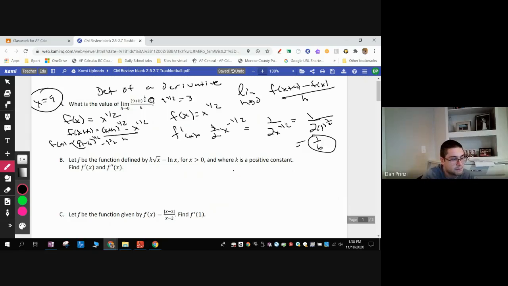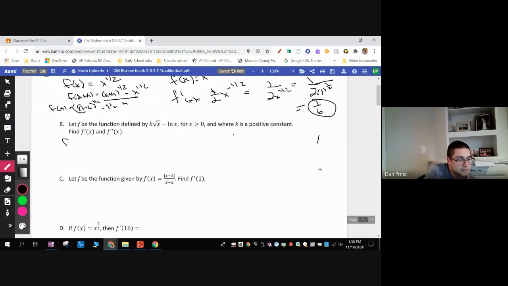Look at letter B. And again, I'm going to skip around a little bit afterwards. I would write this first off as, instead of k radical x, kx to the 1/2, right? Minus ln of x. Everyone okay with that? All right.